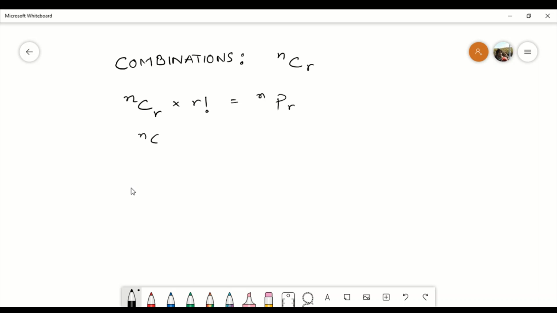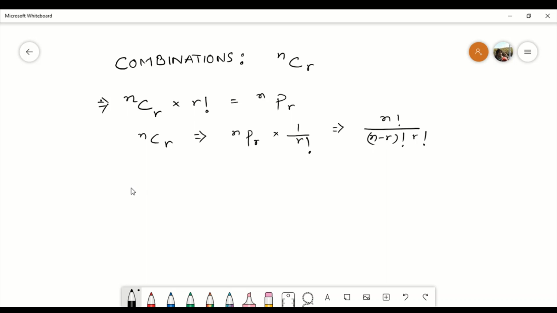So nCr can be written as nPr multiplied by 1 upon r factorial, which is nothing but n factorial upon n minus r factorial into r factorial, right? So this is clear, right? We have already discussed this in the previous video, or you can go through that video and look at it again. But this is how we calculate the number of ways of selection.